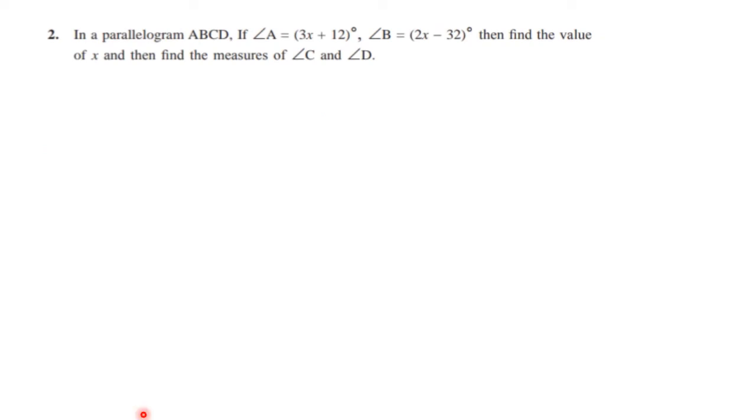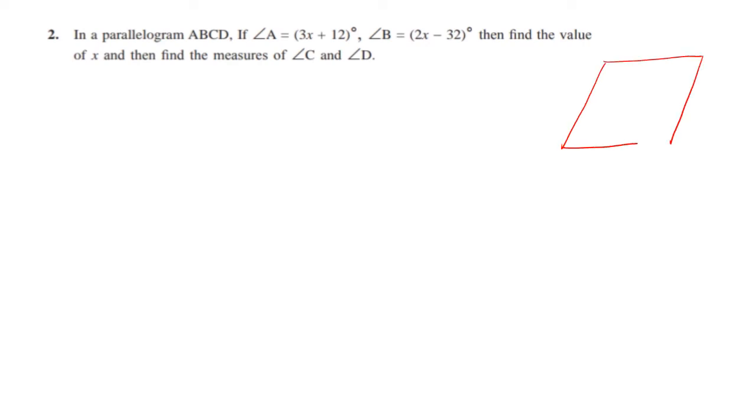The next sum says: in a parallelogram ABCD, angle A is 3x plus 12 degrees and angle B is 2x minus 32 degrees. Then find the value of x and find the measures of angle C and D. First we need to draw a diagram of the parallelogram.